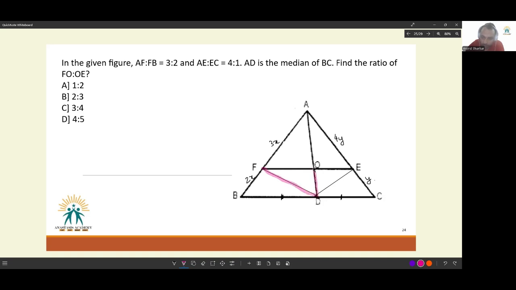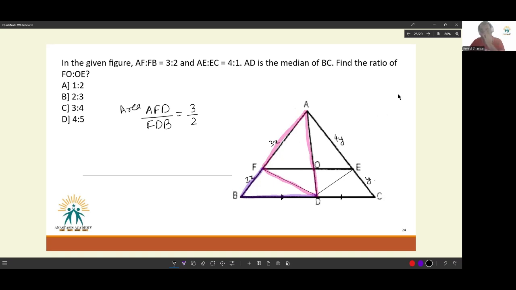Look at these two triangles. Can you see the bases are in the ratio 2:3, and the altitude is of the same length? So the area of AFD by the area of FDB will be in the ratio 3/2.